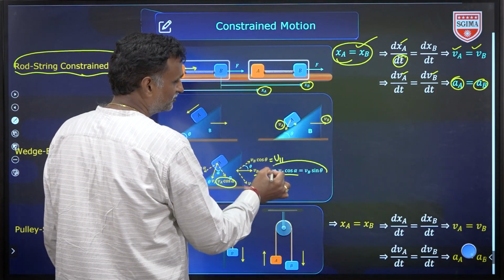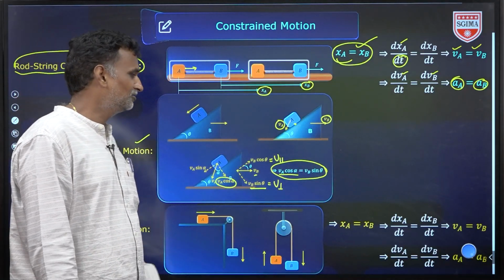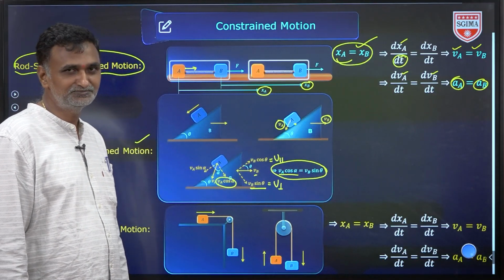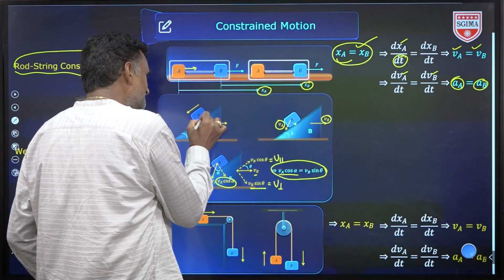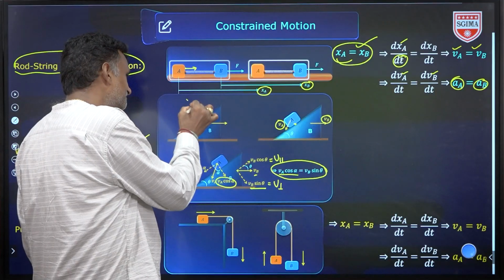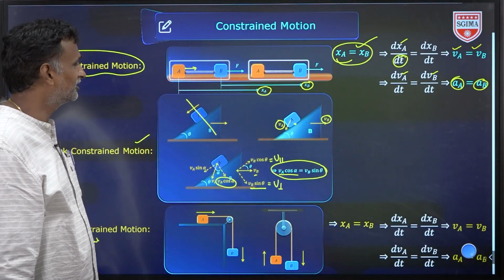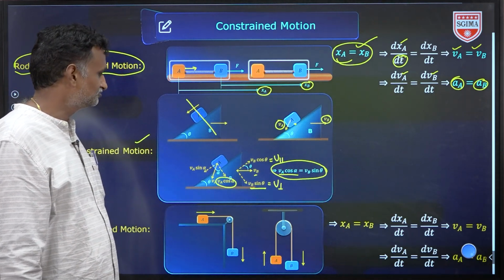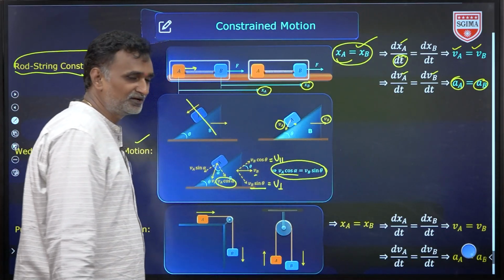So these both velocities are made equal. Now this relation we can use to find the relation between Va and Vb. The important point is that to maintain this contact continuously, the velocities perpendicular to the contact must be the same. This point we need to consider. This is the way we can solve the wedge block relations.